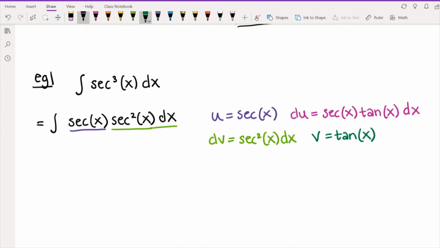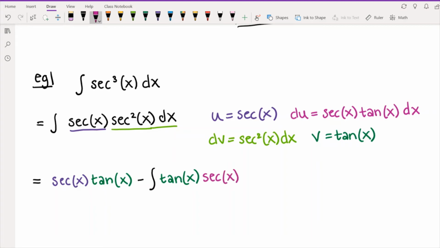So let's put this together with our integration by parts. We have u times v, so that's going to be secant of x times tangent of x. And then we're going to subtract the integral of v times du. So that's going to be tangent of x times secant of x times tangent of x dx.